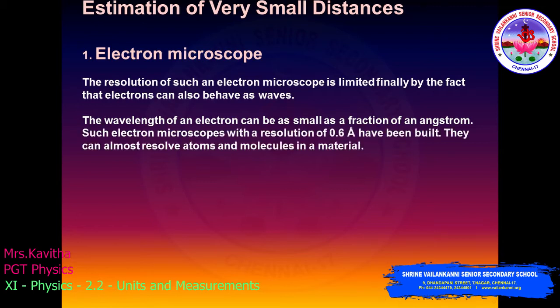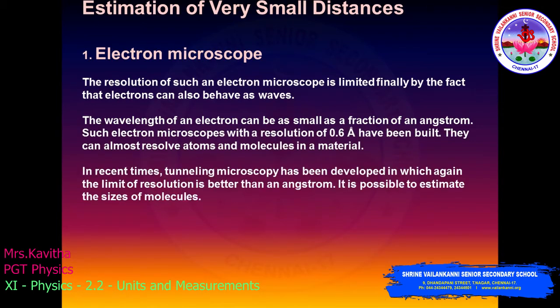Such electron microscopes with a resolution of 0.6 angstrom have been built. They can almost resolve atoms and molecules in a material. In recent times, tunneling microscopy has been developed, in which again the limit of resolution is better than an angstrom. Actually, it is possible to estimate the size of molecules.